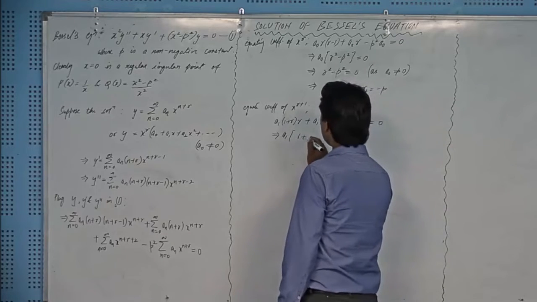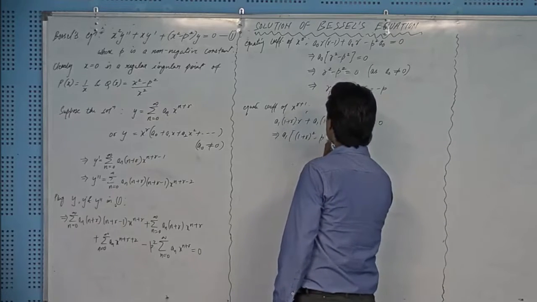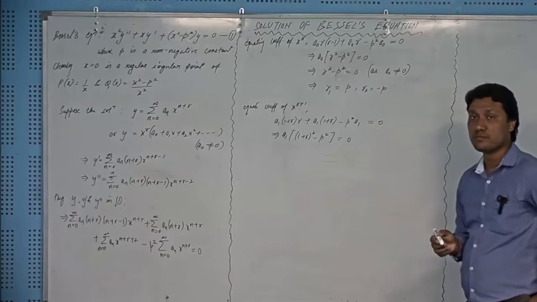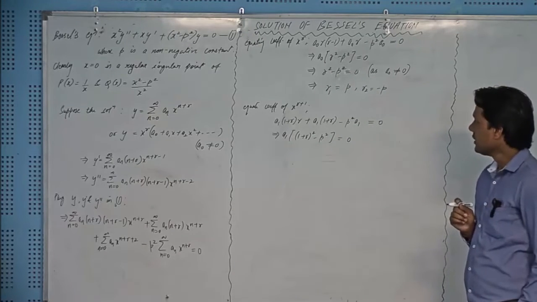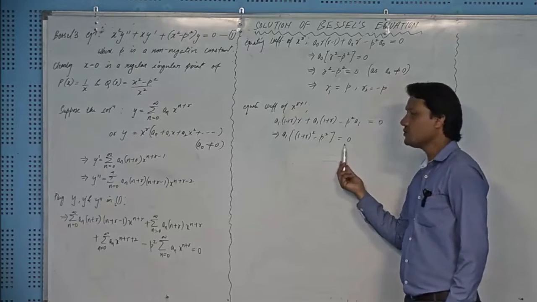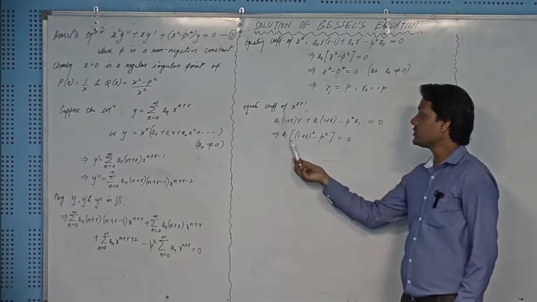So you can write it as (1 plus r) whole square minus p square on simplification. And now comes the important point. Because you have two factors in the product and you want to get a 0 result, which of these two will be 0?